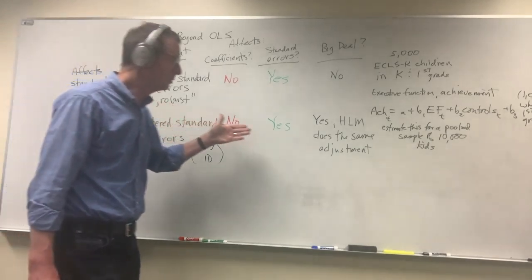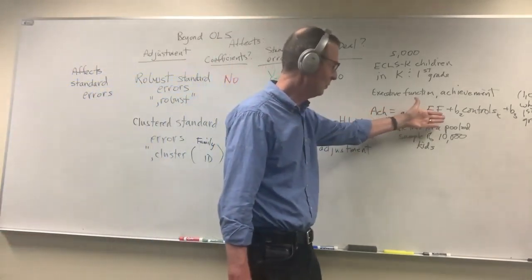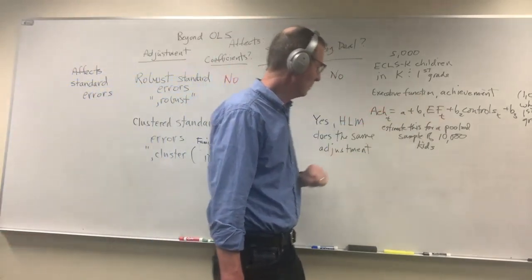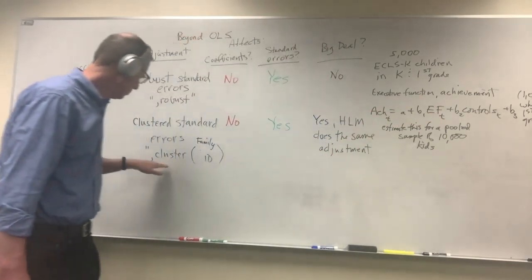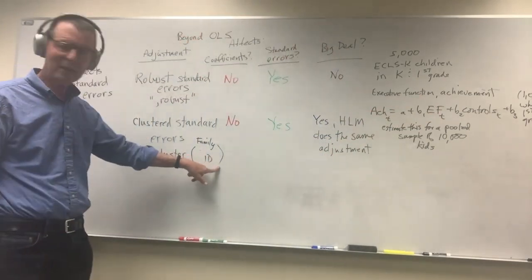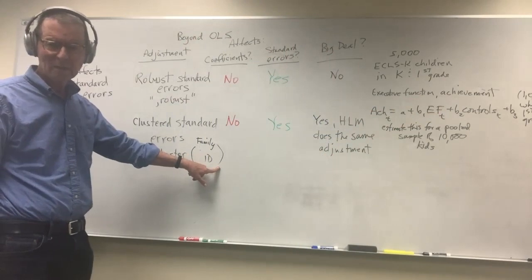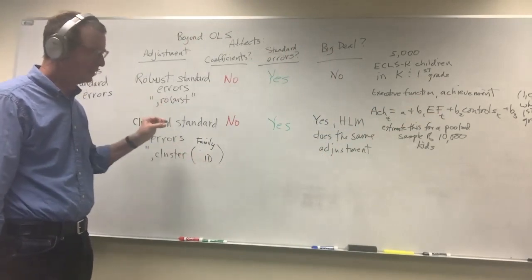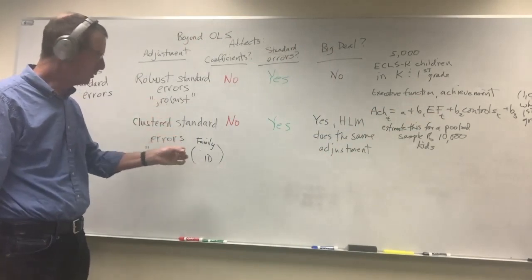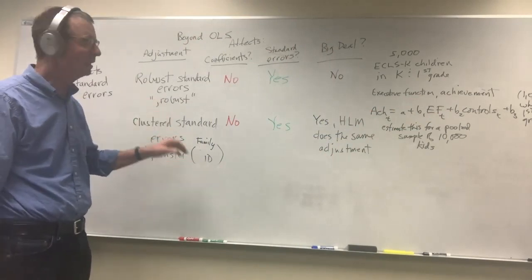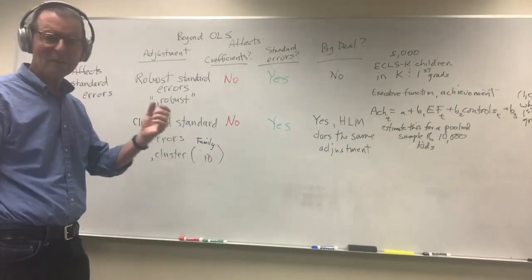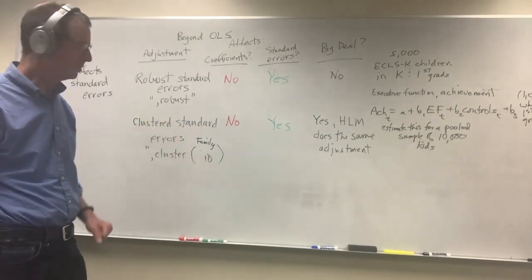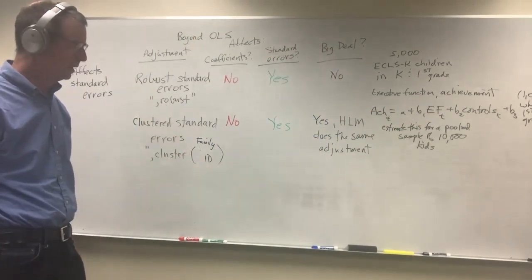Pool the two grades together, create a data set of 10,000 kids, estimate this model, and then put in cluster and put in a child ID here, right? And what Stata is going to do is see to what extent the two observations for the same child ID are more similar than two observations from kids drawn at random from the sample.